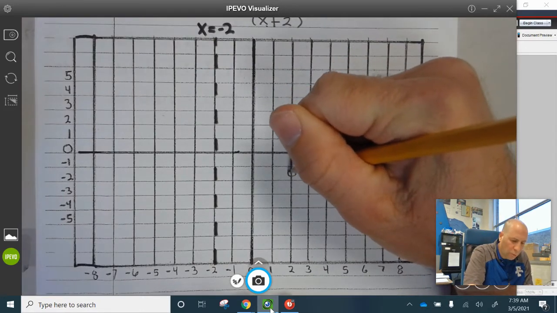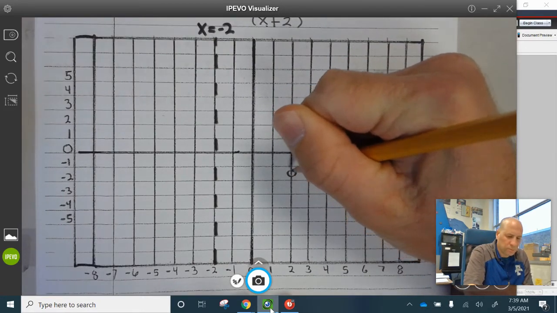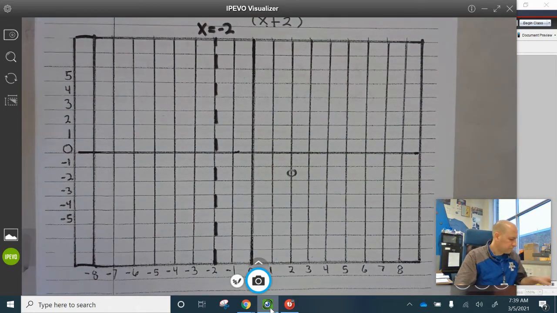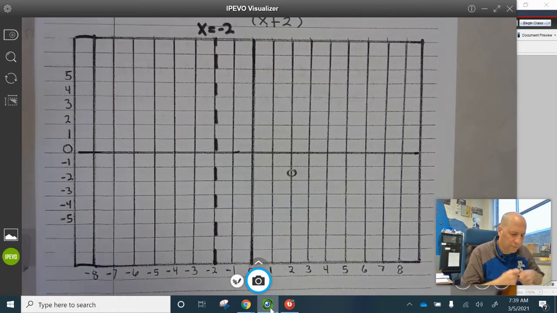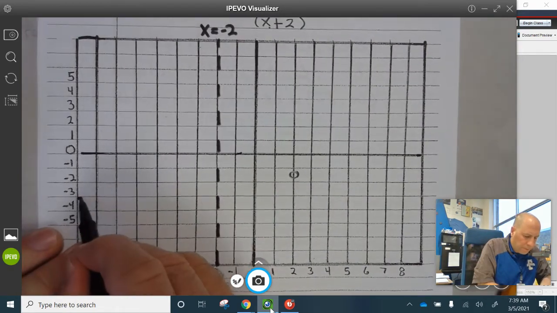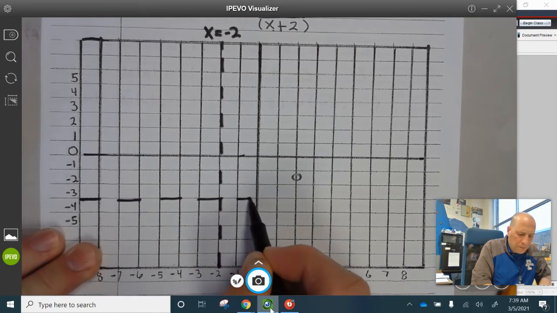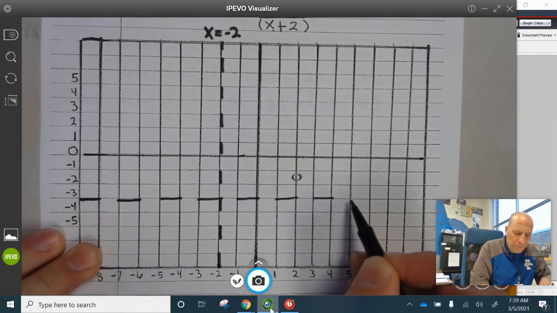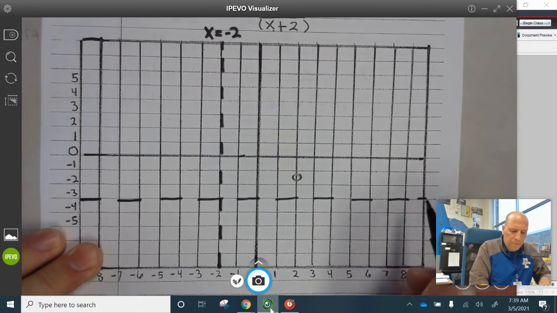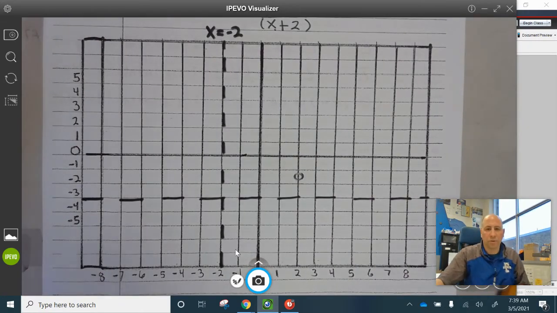And a hole is an open circle. Okay. Now we also know that we have a horizontal asymptote at y equals negative 3.